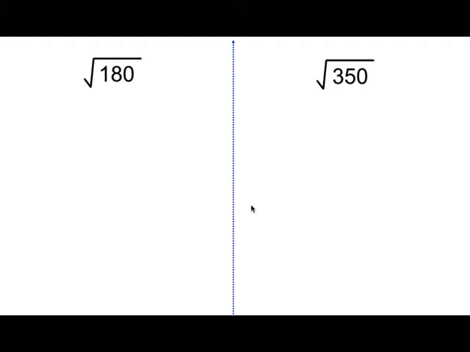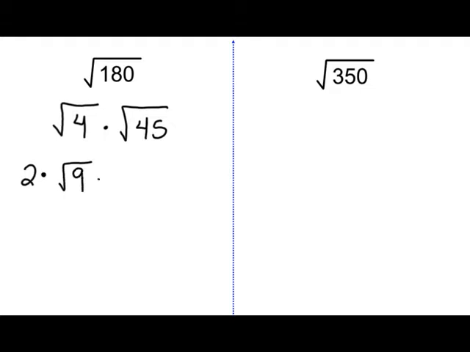180 divided by 4 breaks down into the square root of 4 times the square root of 45. But wait, 45 has a perfect square that goes into it. So let's think about that. Well, the square root of 4 is 2, so that's no big deal. The square root of 45 I know is 9 times 5.